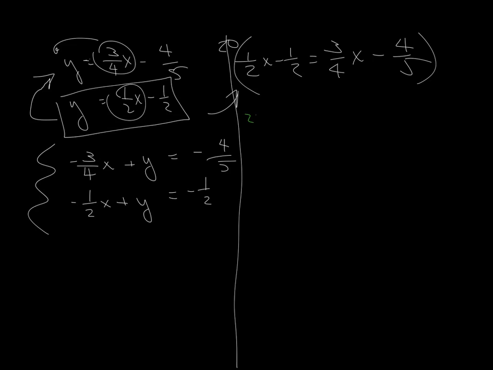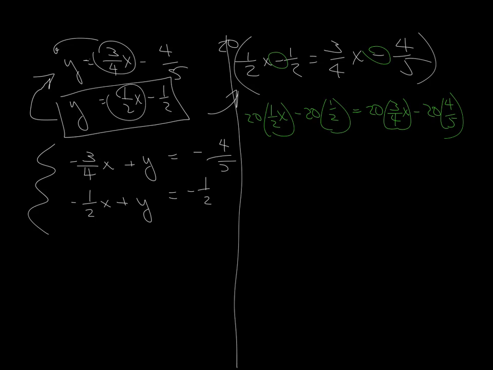So I'm going to multiply 20 times 1/2 x minus 20 times 1/2 equals 20 times 3/4 x minus 20 times 4/5. Okay, so I kept the signs the same.